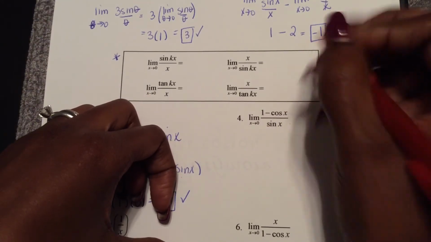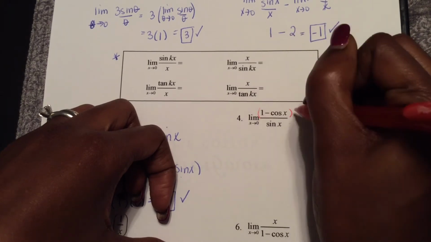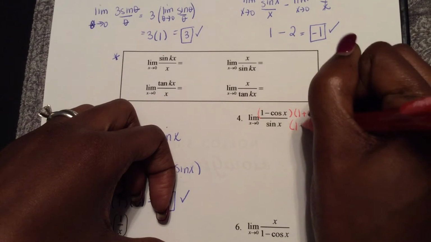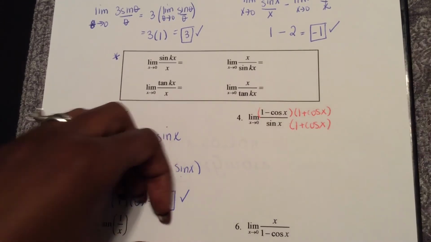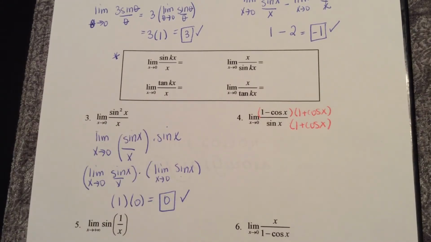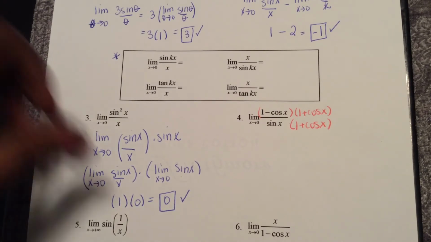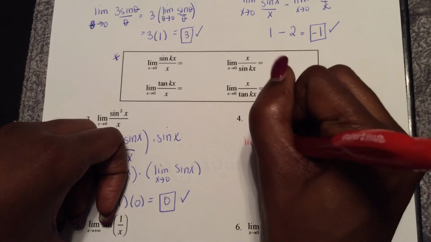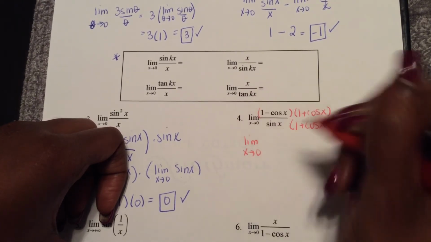Well, 1 minus cosine x, I can play around with its conjugate, 1 plus cosine x. So think about manipulation of rational expressions, or conjugates for radicals and for trig functions. So this becomes the limit as x approaches 0.